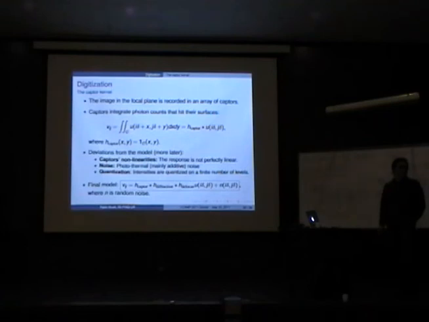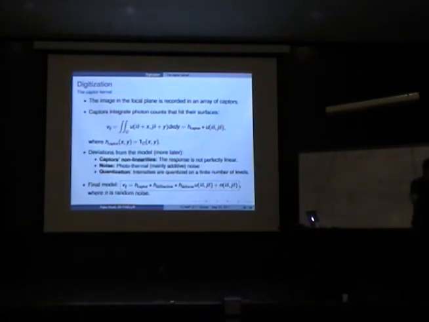C is the domain of the pixel, the area of the pixel, so you can rewrite it as a convolution.